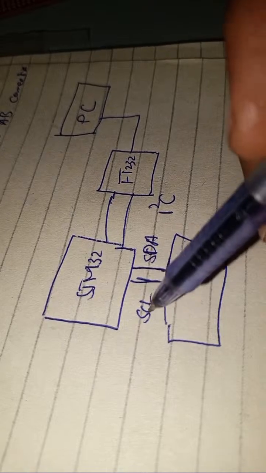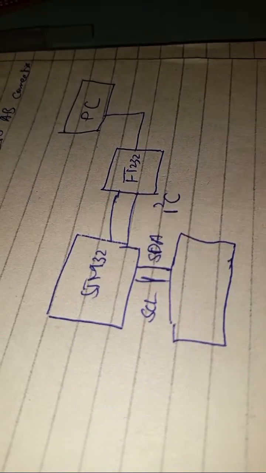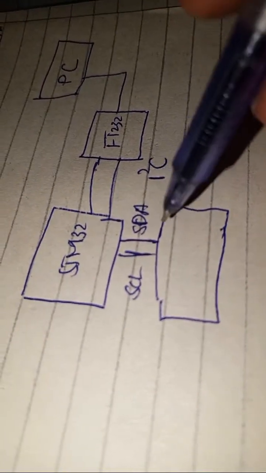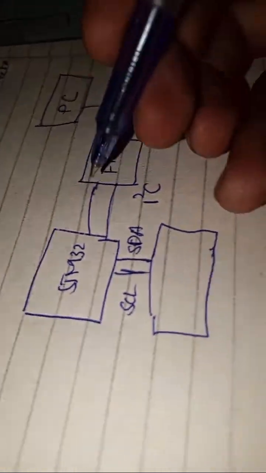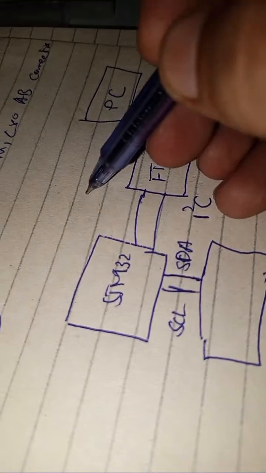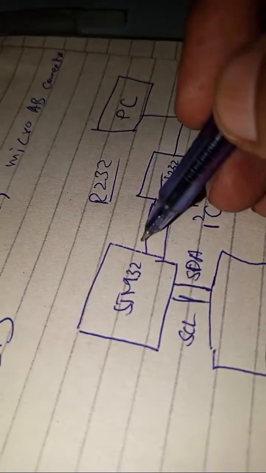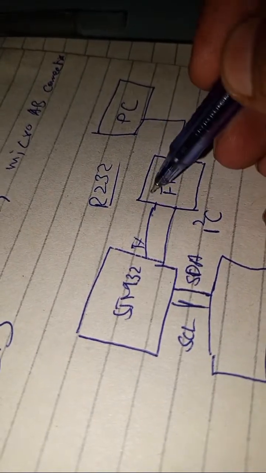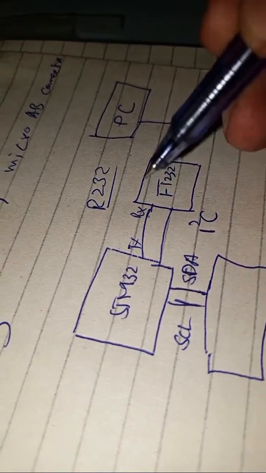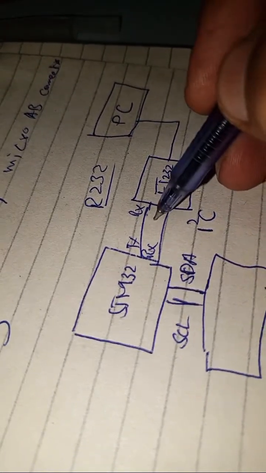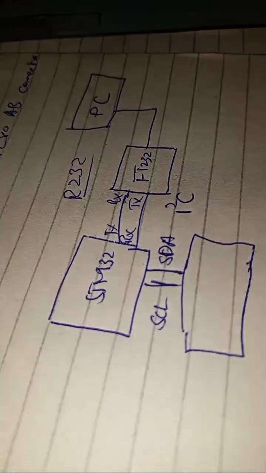SCL is called clock, and SDA is for data. Although the RS232 protocol is also a two-wire protocol, which requires a TX connected to the other device's RX, and the RX of this device is connected to the TX of the other device.